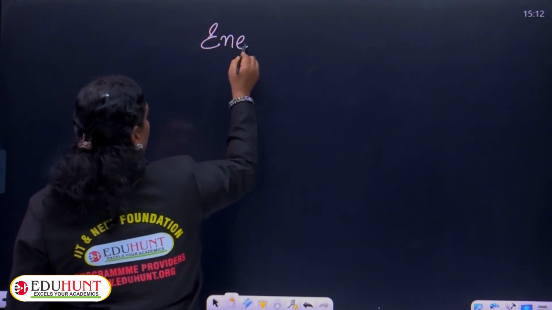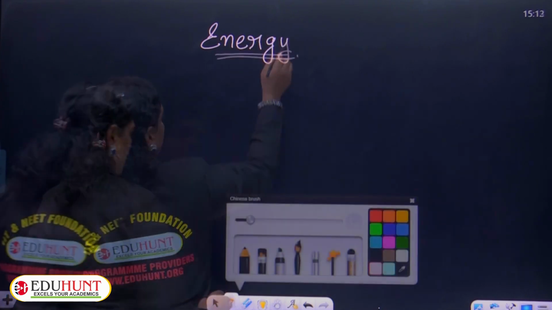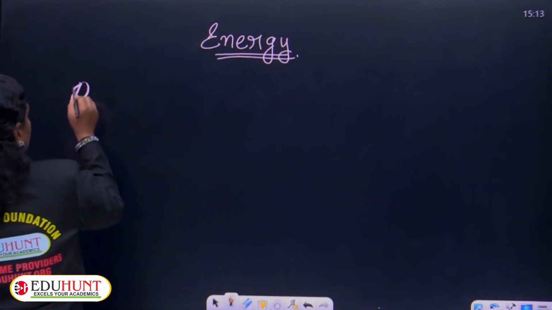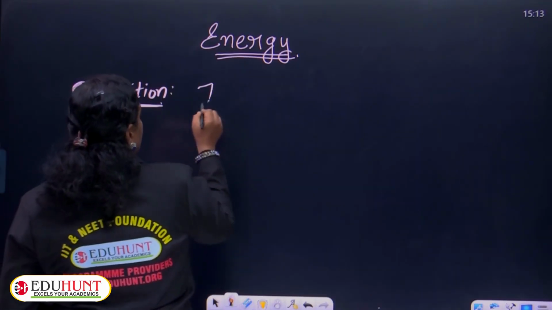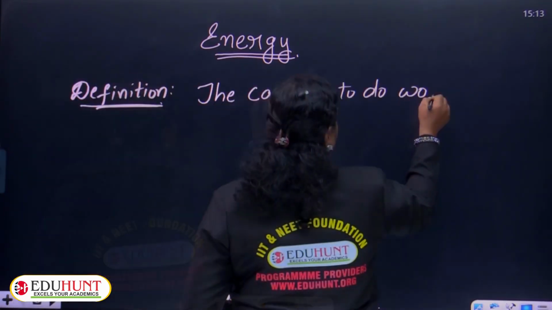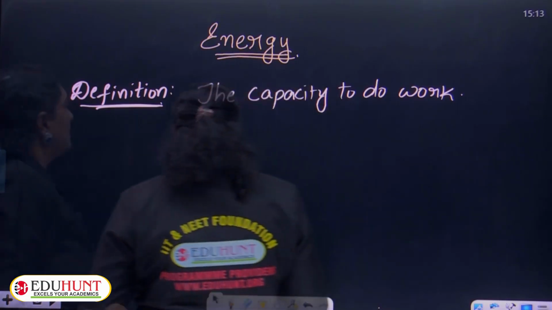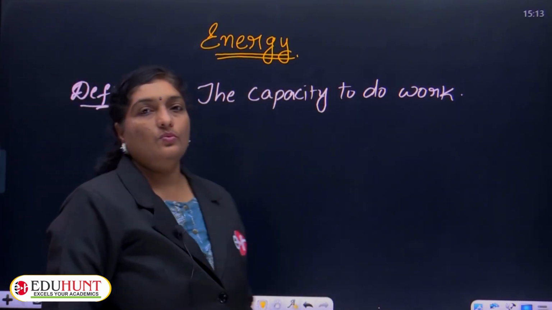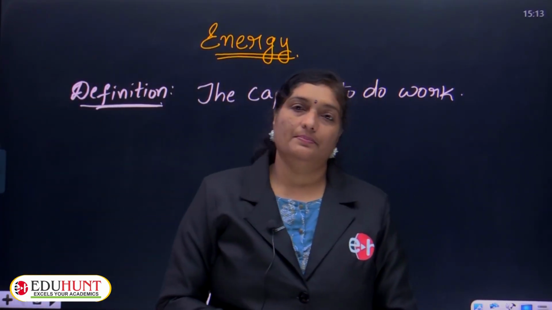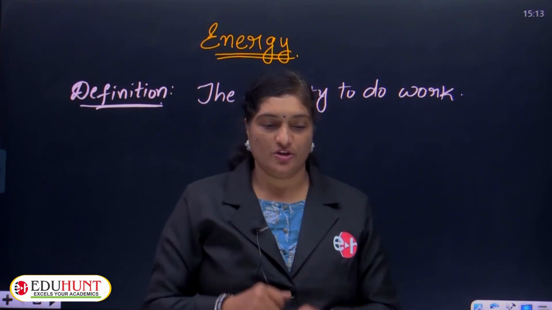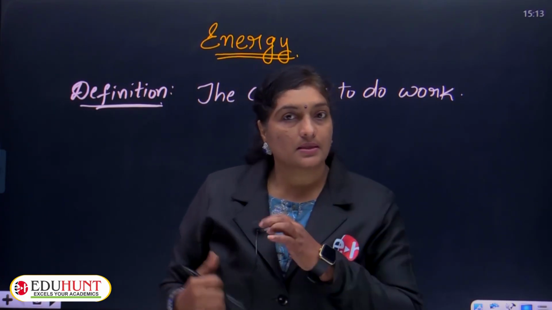Today's concept is all about energy. So, what is the definition of energy? The capacity to do work, or the ability to do work, is simply defined as energy. Okay, so this is the definition.